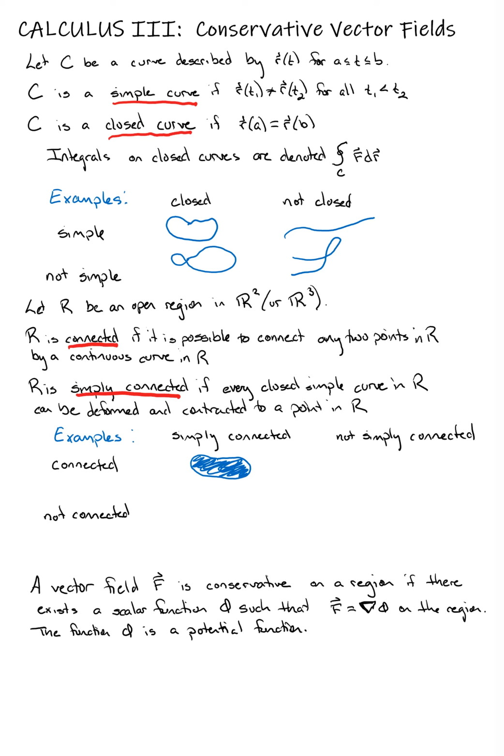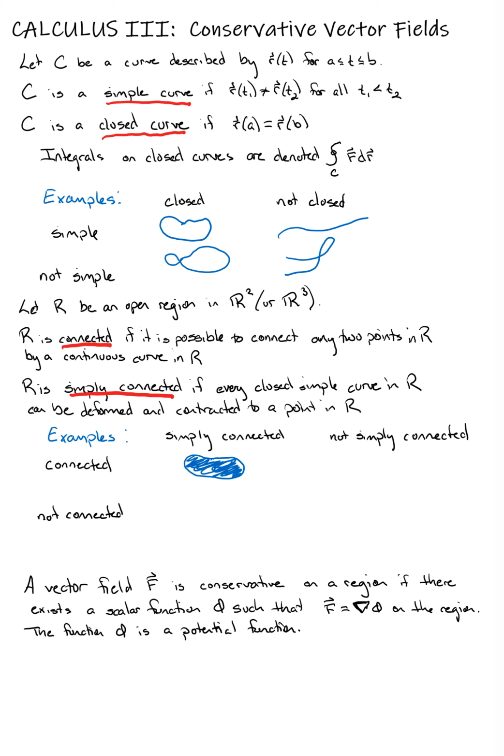Okay, what if we wanted something that was not connected, but is simply connected? I get the language is a little funny there. The phrase simply connected does mean something very specific. If I want to say that it's not connected and yet it's simply connected, that would be something like this, where I had this region along with that region. Notice I can contract it down to a point.